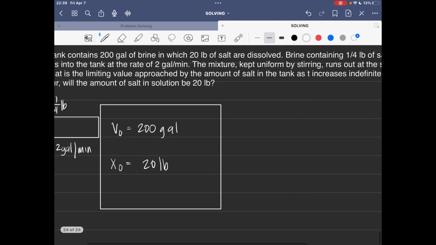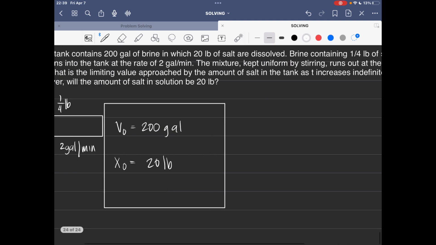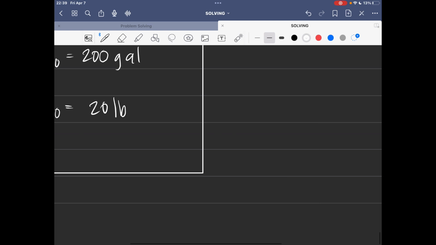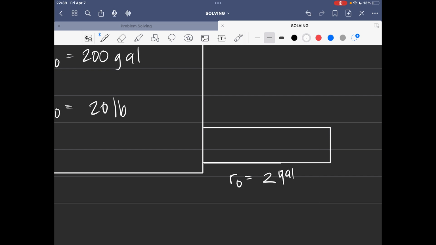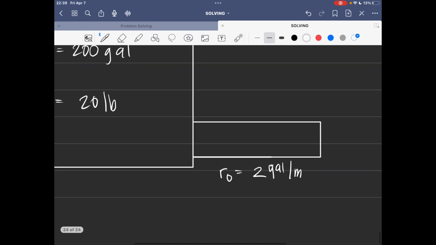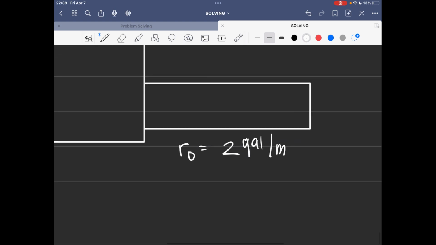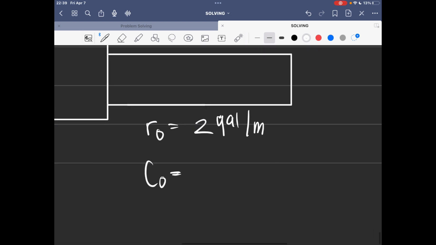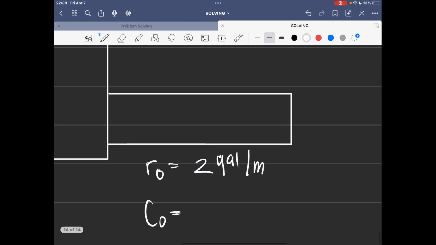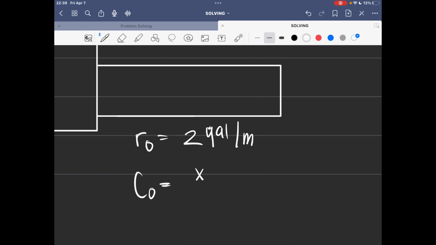So keep in mind it runs out at the same rate, so our R sub O is the same as our R sub I, which is 2 gallons per minute.